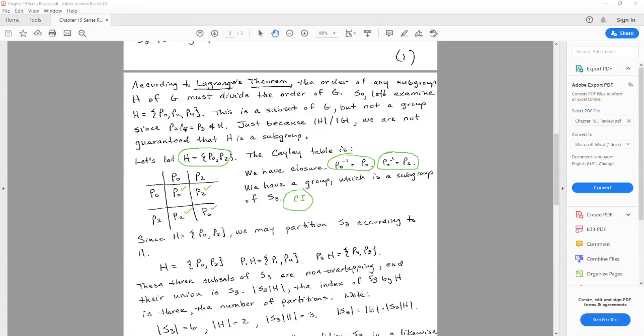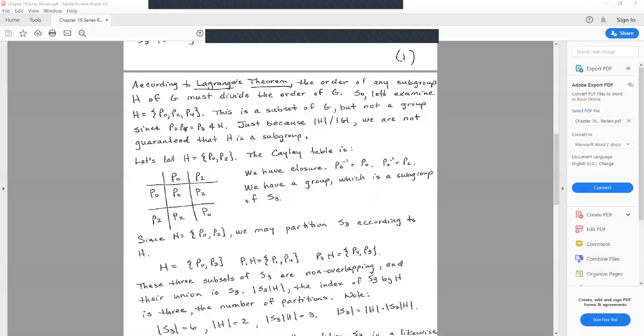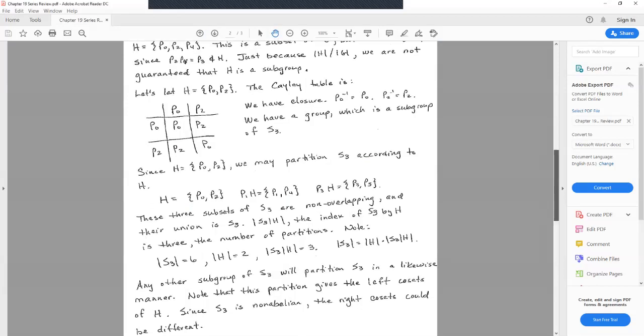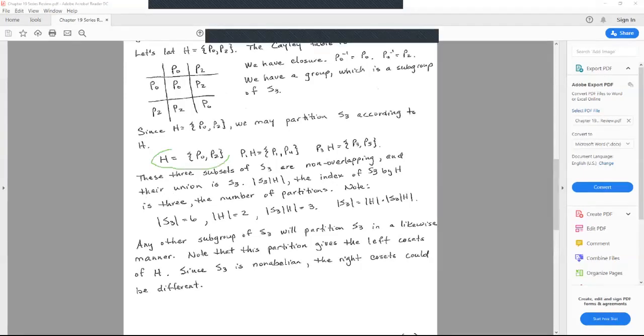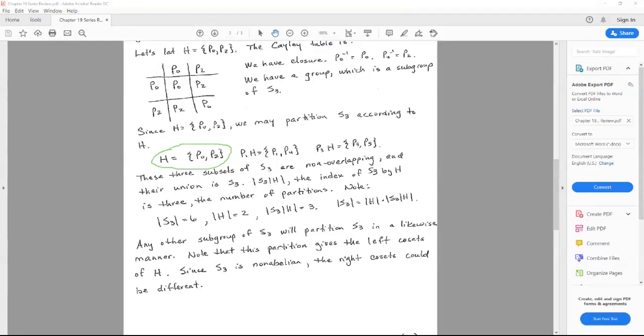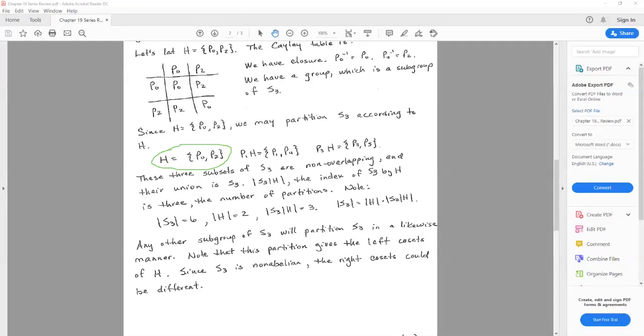So since we have closure and inverses satisfied, we know that we do have a subgroup in this case. And once we have a subgroup, we can then partition the group by H. So how do we do a partition using H? What I tend to do is write down H and its corresponding elements. And then since the cosets cannot overlap, I choose an element that is not in H. And I chose P1, and then P1H gives us the left coset that contains P1 and P4.